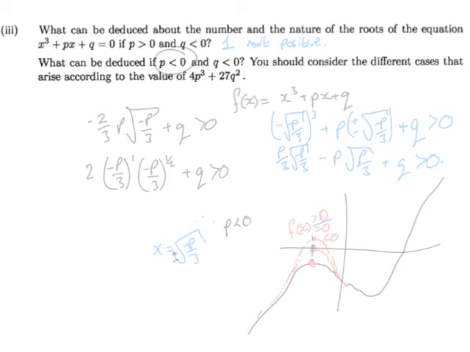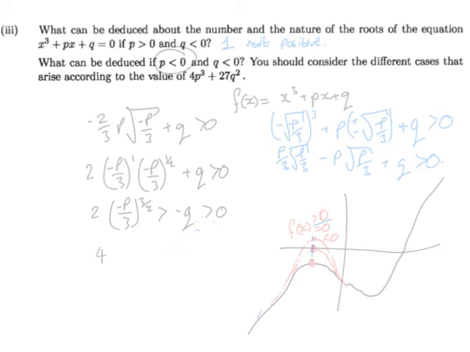Now taking the p and the third and the negative together inside a bracket and raising it to the power gives us the inequality that you see.